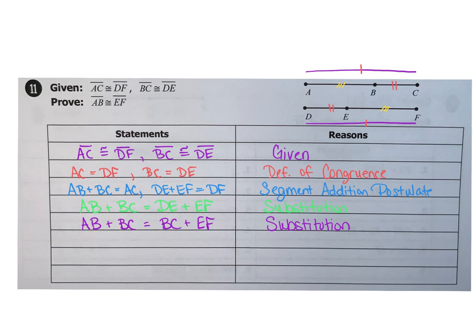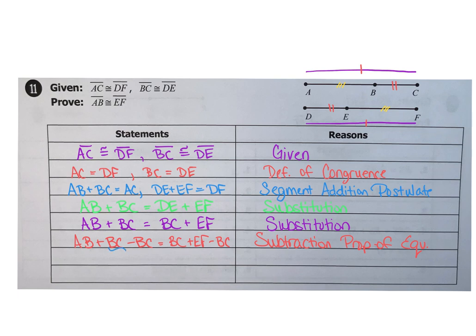Now I can subtract BC from both sides. So I can say that AB plus BC minus BC equals BC plus EF minus BC. That is just my subtraction property of equality. I'm going to simplify that.